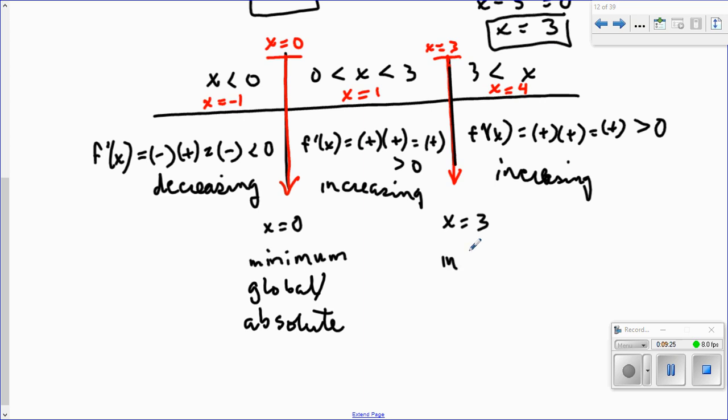This one would be an inflection point, or we call them turning points. There, I've classified my critical points by using a sign chart to represent the slope of the tangent line, the derivative. Now I'm going to pause this and call this up in Desmos just to confirm my findings.